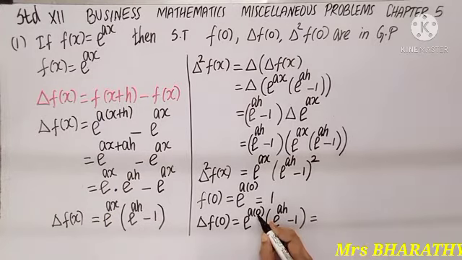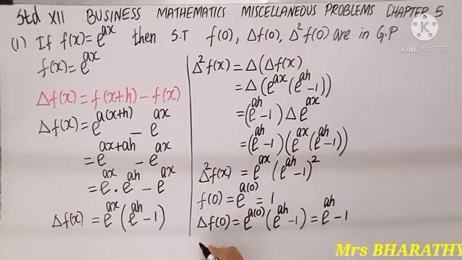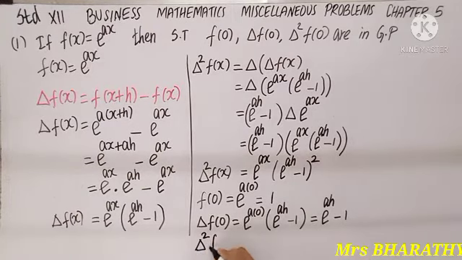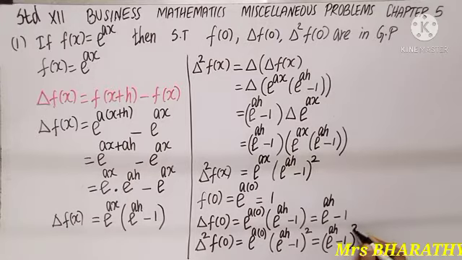E power 0 is 1. So we just get e power ah minus 1. Next I need to find out del square f of 0. E power a into 0, in the place of x I put 0, into e power ah minus 1 the whole square. Again, e power 0 is 1, only this remains: e power ah minus 1 the whole square.